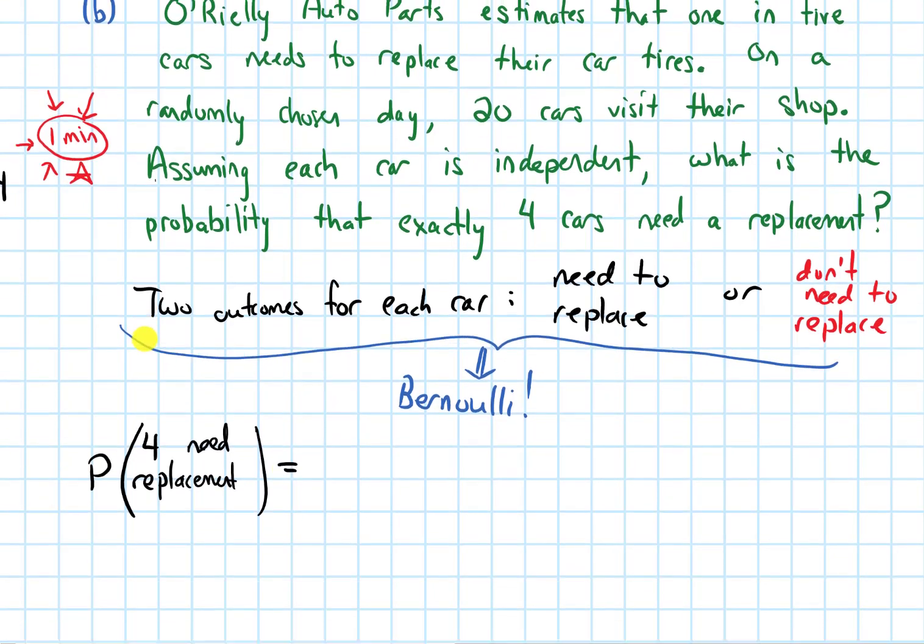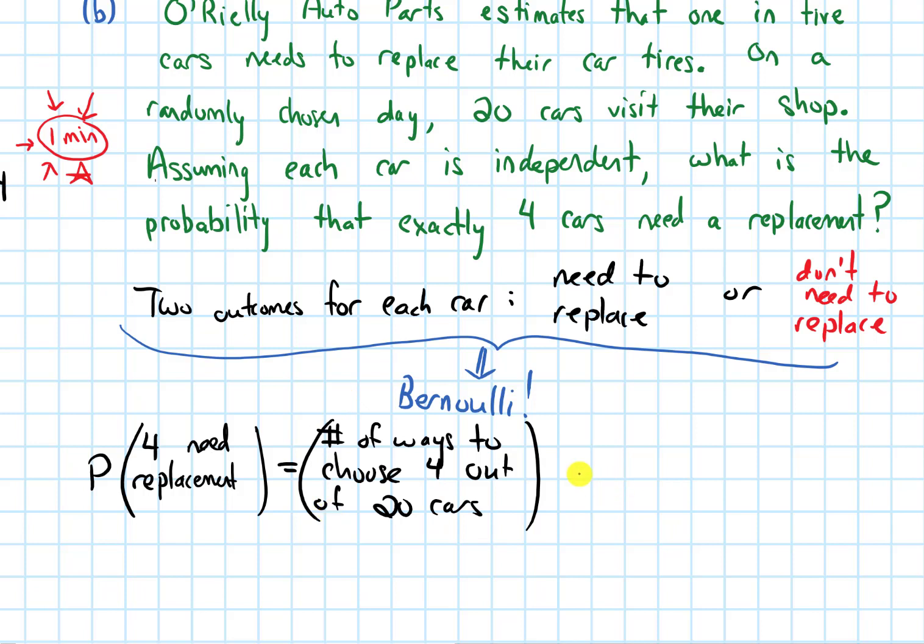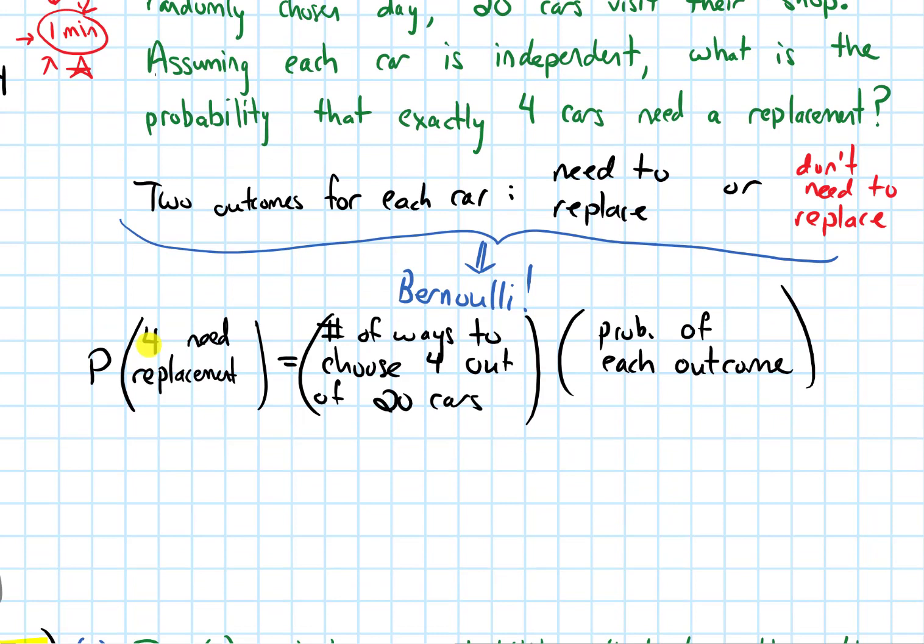Okay, so using our idea for Bernoulli probabilities, I need to first count the number of ways to choose 4 out of 20 cars who need a replacement, and then multiply that by the probability of each outcome. All right, so the number of ways to choose 4 out of 20 cars, that is going to be 20 choose 4.